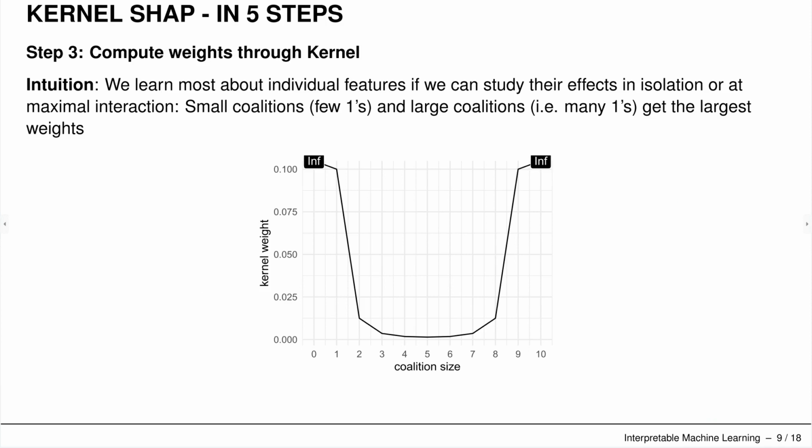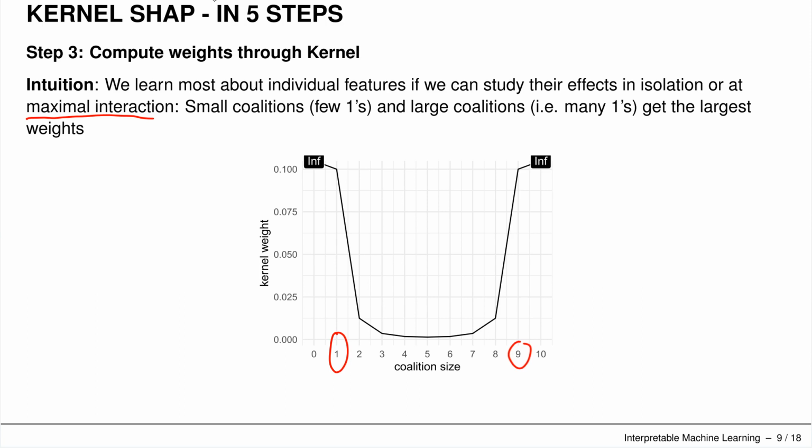And now we said we want to do some weighting. We could do that without weighting, so just being a 1 for all of them. But the idea in SHAP is that we learn most about individual features if we can study their effects in isolation, meaning a coalition size of 1, so there's only 1 feature in the coalition, or at maximal interaction, meaning all features are included.